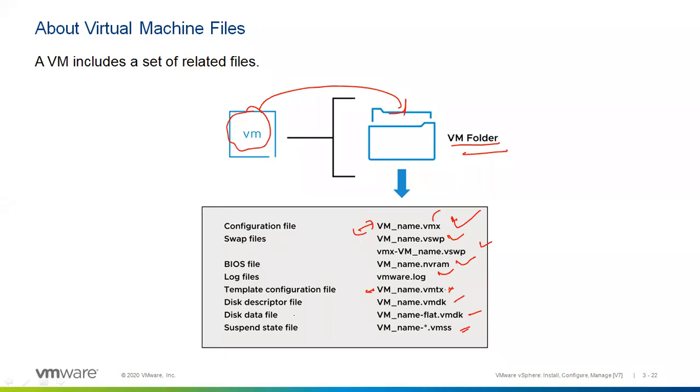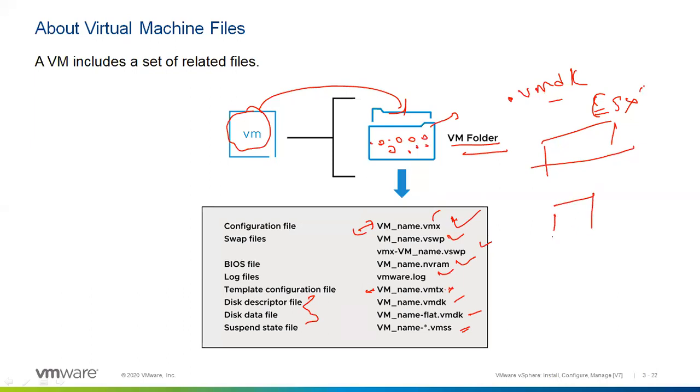So when we talk about the disk file, by default the location of my hard disk will always be inside the VM folder. But if we want to keep the VMDK file outside that folder, we can. For example, this is my ESXi host, and it is connected with two datastores.